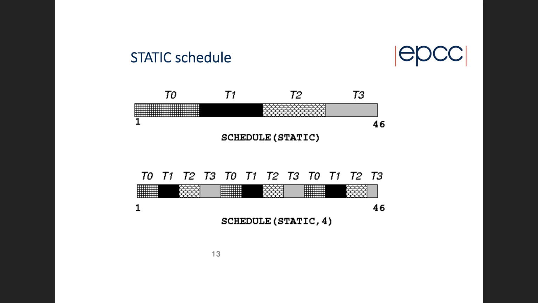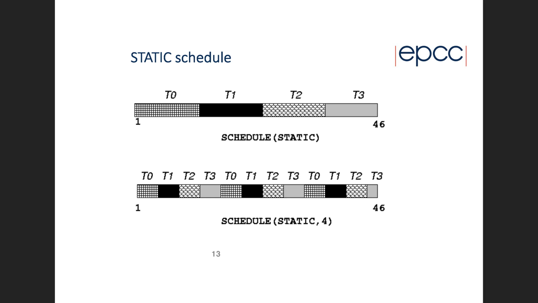So perhaps easier to see if we do it diagrammatically. Suppose I have a loop which has 46 iterations in it, and I have 4 threads. Then if I do schedule static, most likely what's going to happen is that 46 divided by 4 is going to be 12 if we round up.